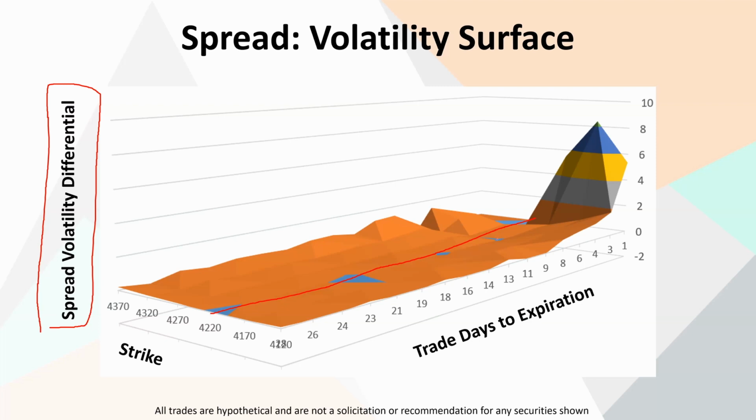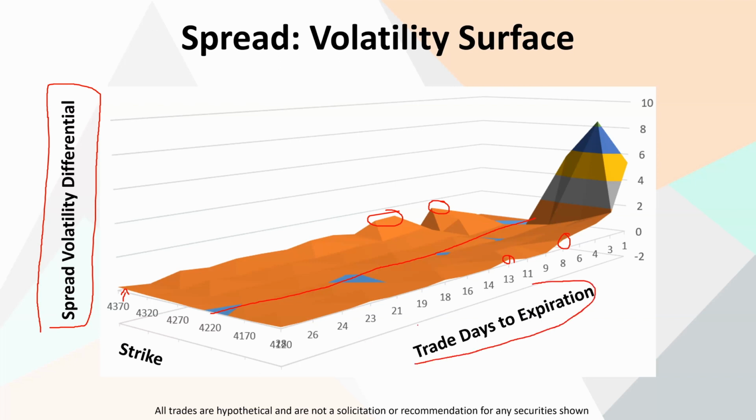And what ends up happening is you can see on this graph, the higher the surface is, you can see these peaks back here and this peak right here. And you can see that we've got ripples and higher values over here when we get closer to expiration.